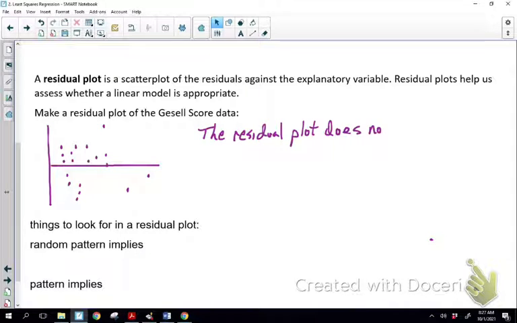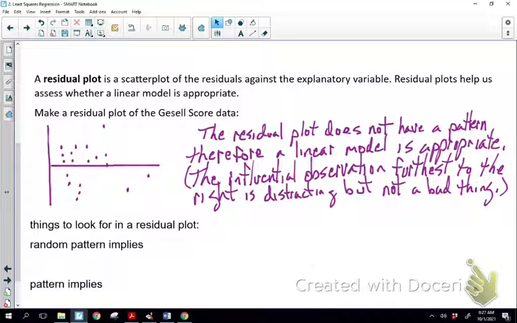Let me pause it while I write this novel here. All right. For some reason, my pen was not working. So there it is. That probably looked weird. Struggling, and then all of a sudden, suddenly it's there. But anyways, there is no pattern in that residual plot. It looks like random scatter. So we say that means a linear model is appropriate.